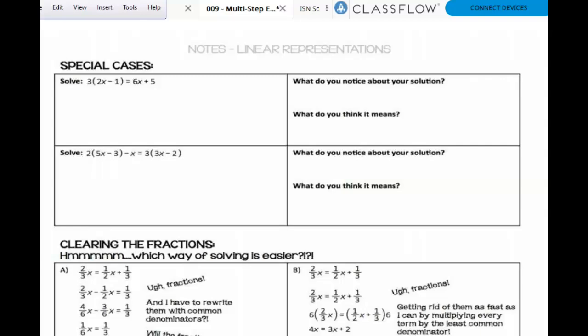Okay, at your table, I want you to try to solve those two equations, and then we're going to talk about it. 5 minutes. We're going to have 5 minutes.